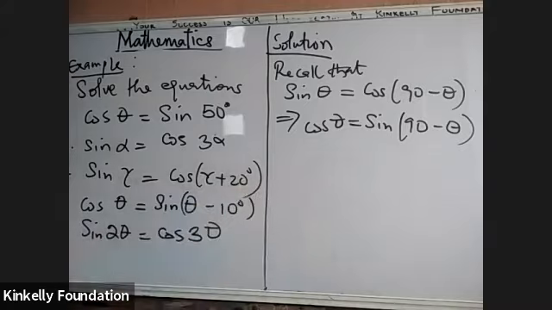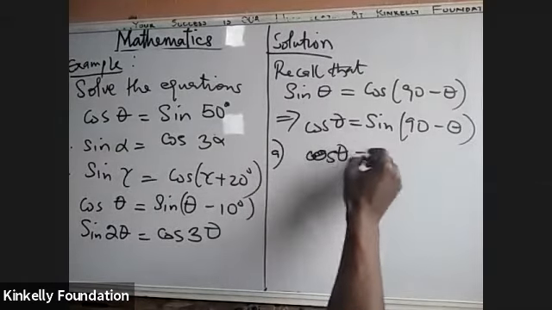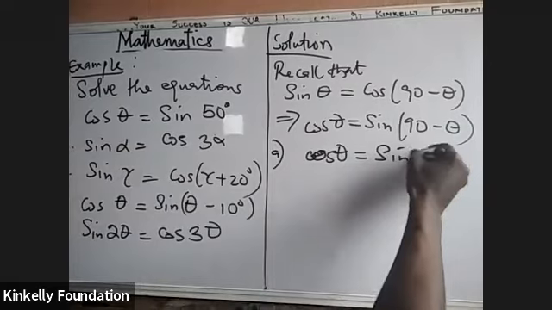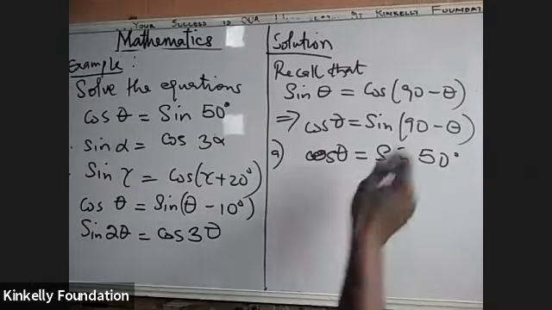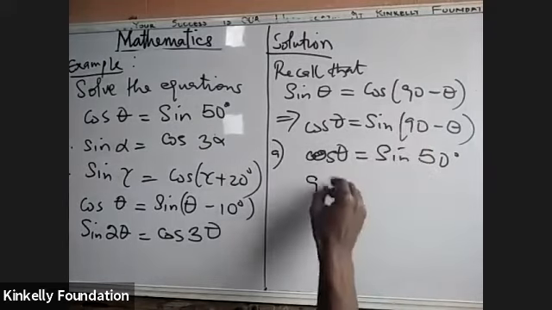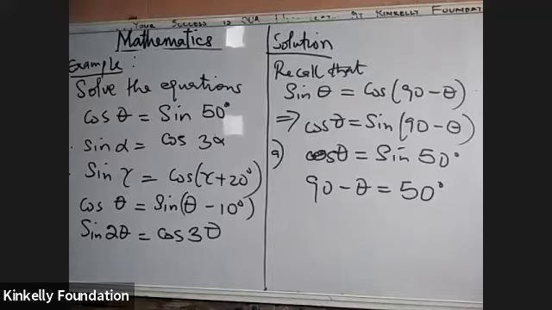So, equating these two things, cos theta is equal to this, and cos theta is equal to sine 50 degrees. So it shows that 90 minus theta is equal to 50 degrees.